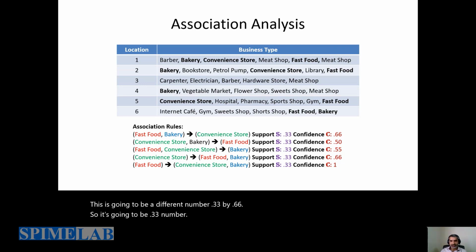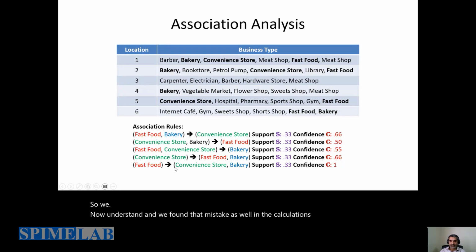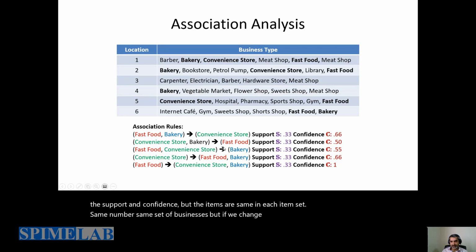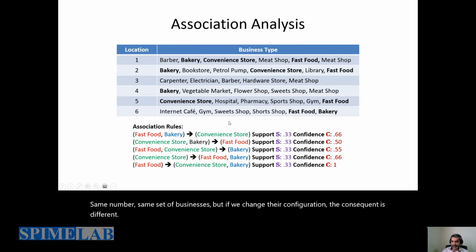So we now understand, and we found a mistake as well in the calculations here, how to calculate the support and confidence. But the items are the same in each item set. Same set of businesses, but if we change their configuration, the consequent is different, the antecedent is different.